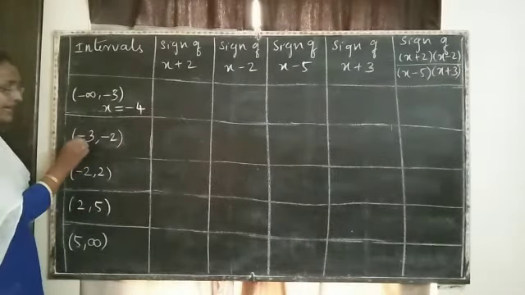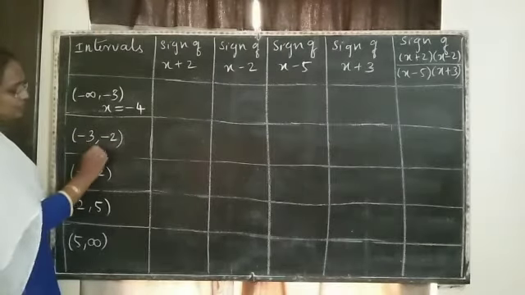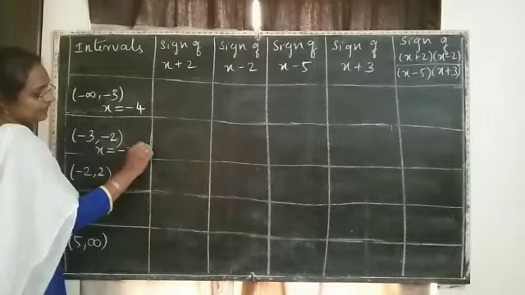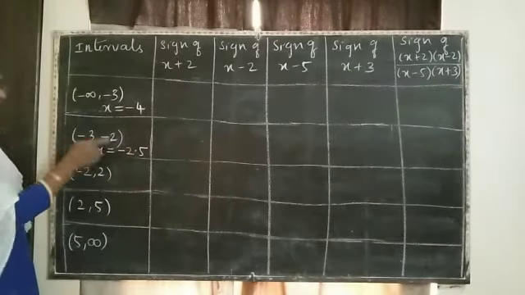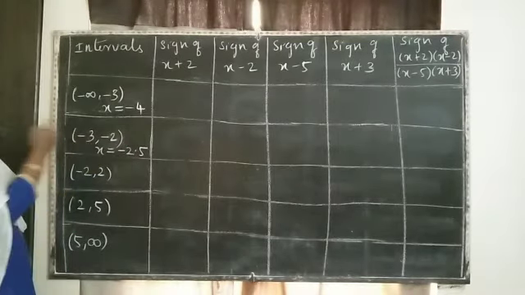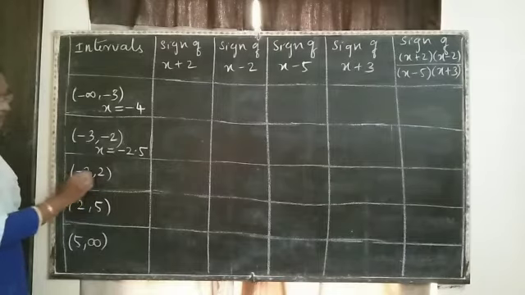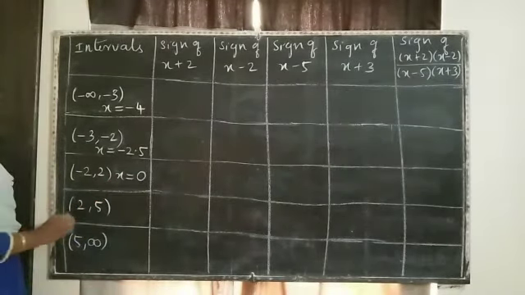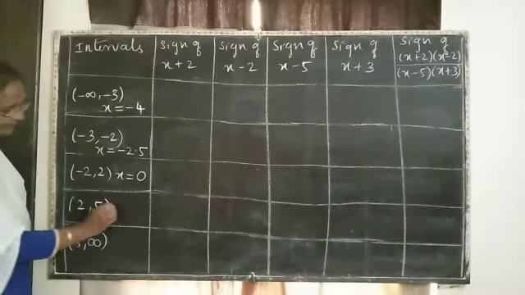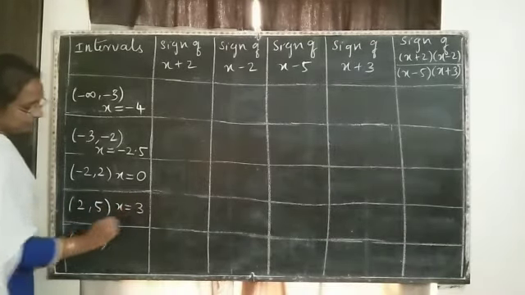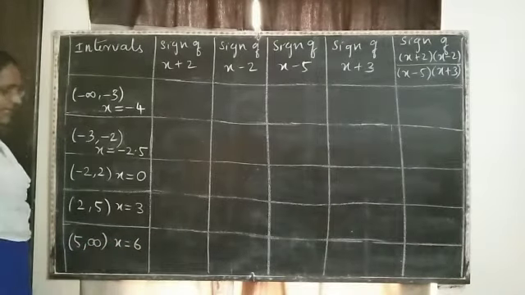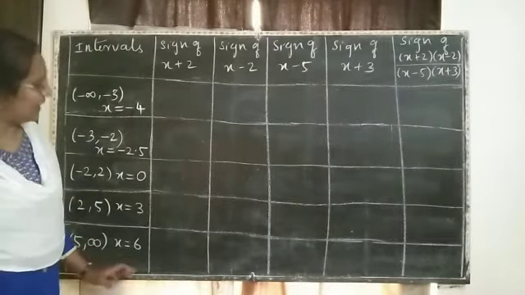Now between minus 3 and minus 2, I can take minus 2.5, and then comes minus 2. Now between minus 2 and 2, very simply we can assign x is equal to 0. Now between 2 and 5, I can take x is equal to 3. Now between 5 and infinity, x is equal to 6. Okay, now shall we check the values?